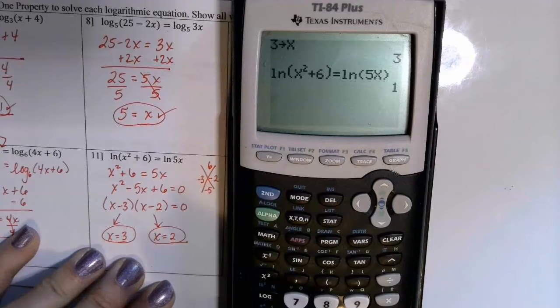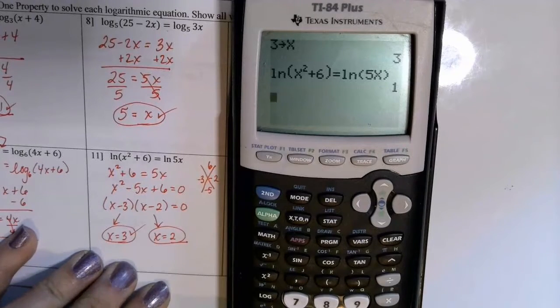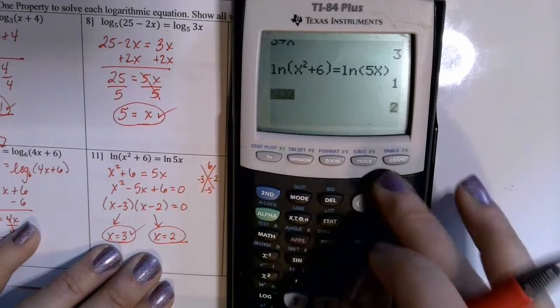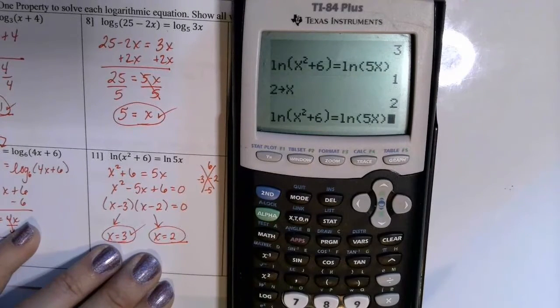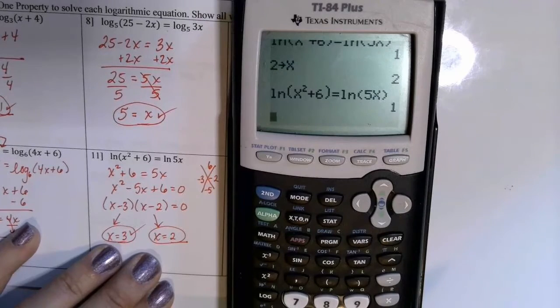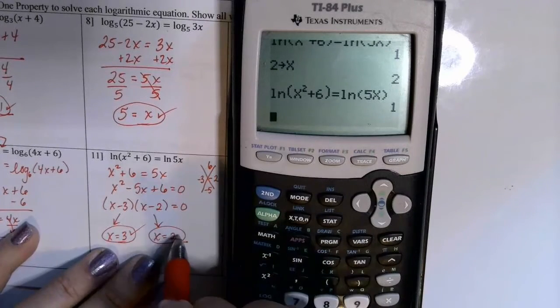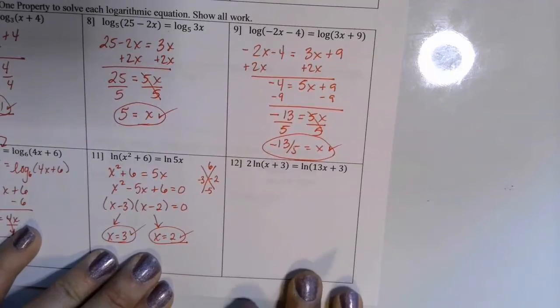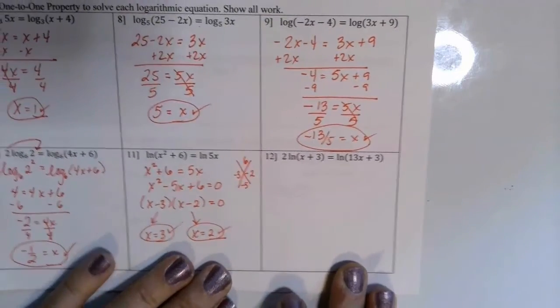And we press enter and get a 1, so we know the 3 checks. Then we're going to repeat by storing 2 as the new x, and then we'll go up and grab that last equation, press enter, and we get a 1, so we know that answer also checks. So number 11 had 2 solutions that worked.